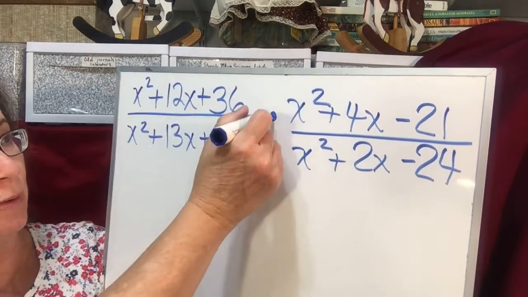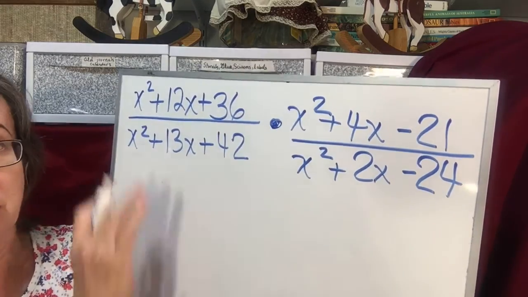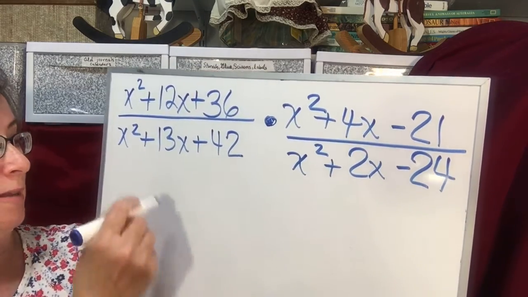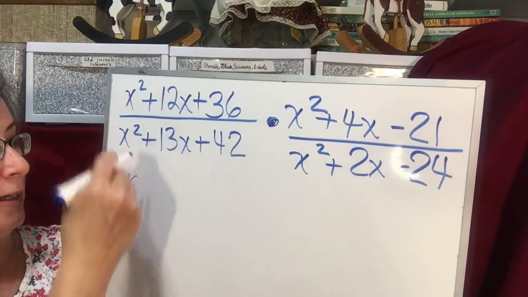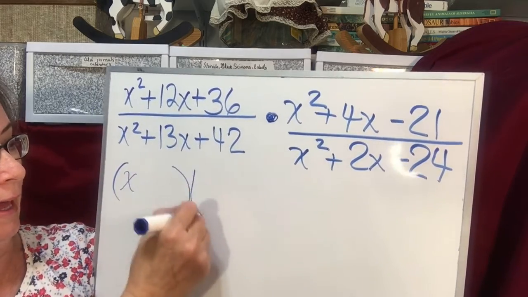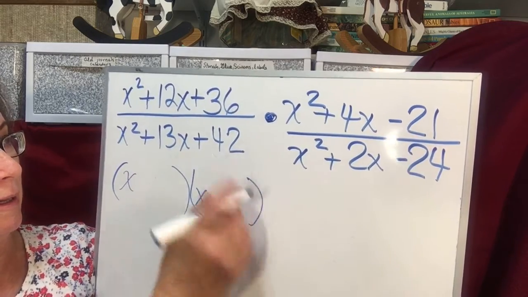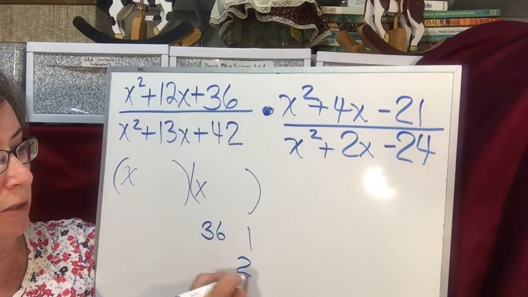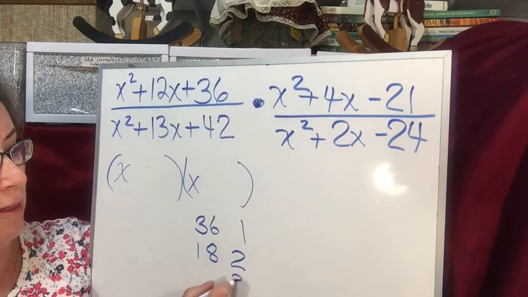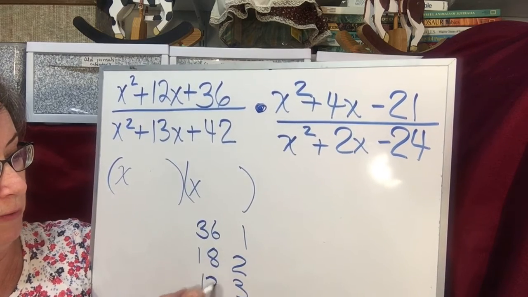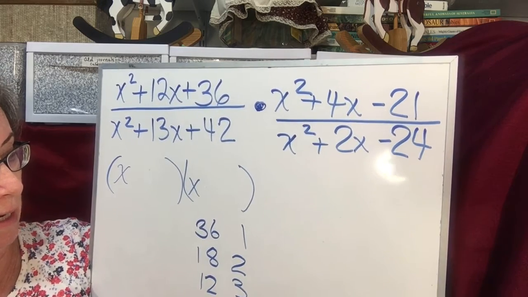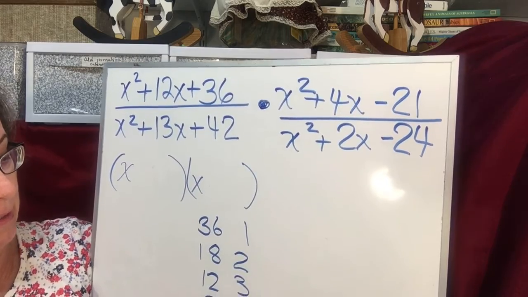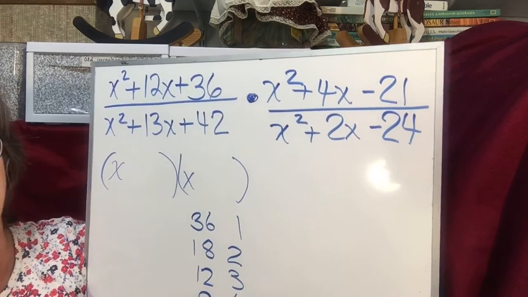We're going to look, it's multiplication, so we're going to factor just as we see them. X, 36. Now let's think about 36 times 1, 2 times 18, 3 times 12, 4 times 9, 6 times 6.